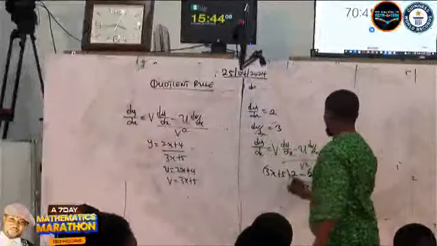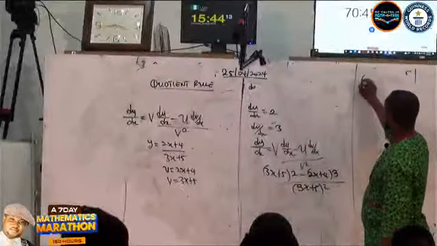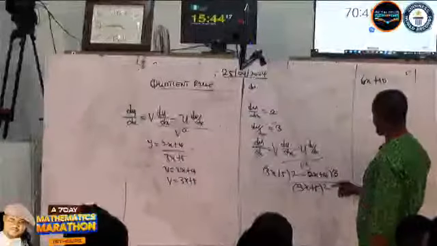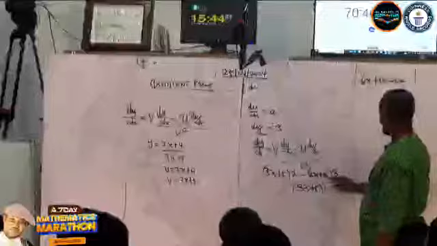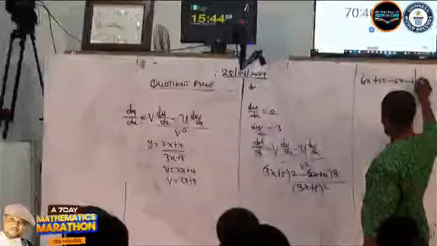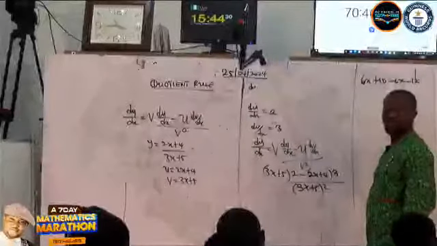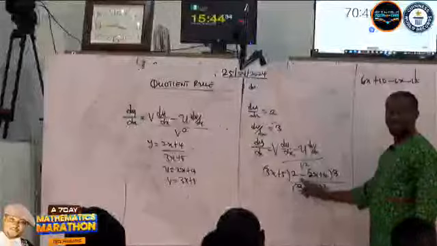So multiply, open the bracket. 3 times this, you have 6x plus 10, minus 6x plus 12. The minus will affect this one also, minus 12. If you multiply this with this, you still have to open the bracket.